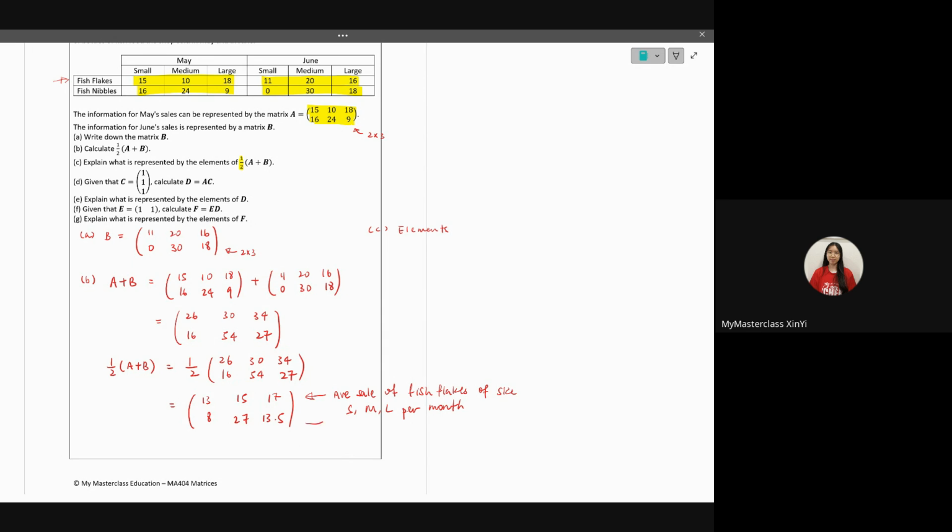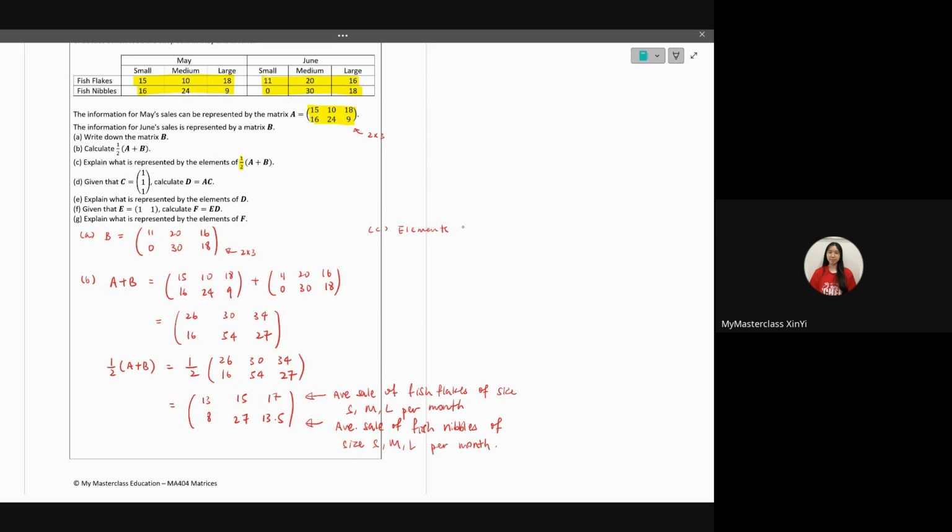Then in the second row, this is the average sale of fish nibbles. So second row, fish nibbles of size S, M, L respectively per month. So you should explain it in this way.